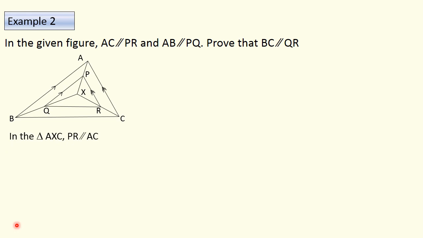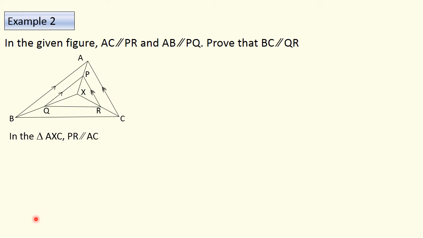Let's consider the triangle AXC. In this triangle AXC, it's very clear the line PR is parallel to AC. By considering only the triangle AXC, we can apply the proper theorem for that triangle.